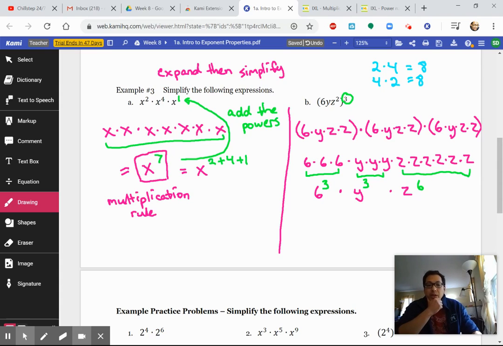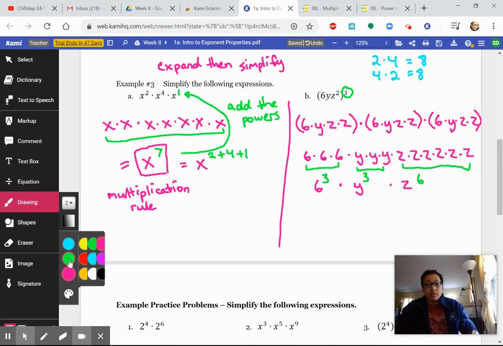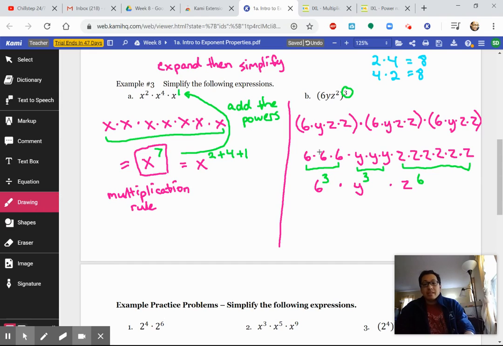So, is there a shortcut to this? Is there an easier way we could have done this? And in fact, there is. Sometimes I like to call this rule the power rule.